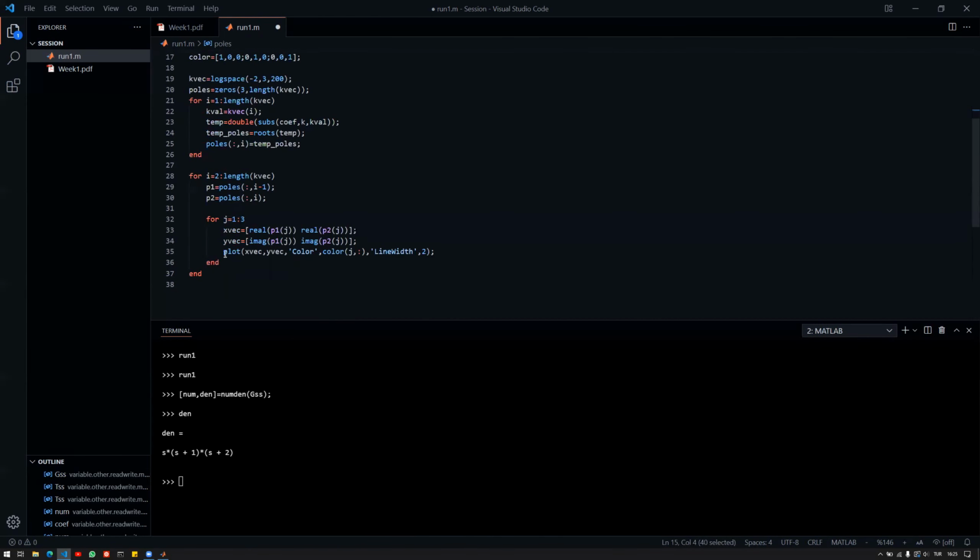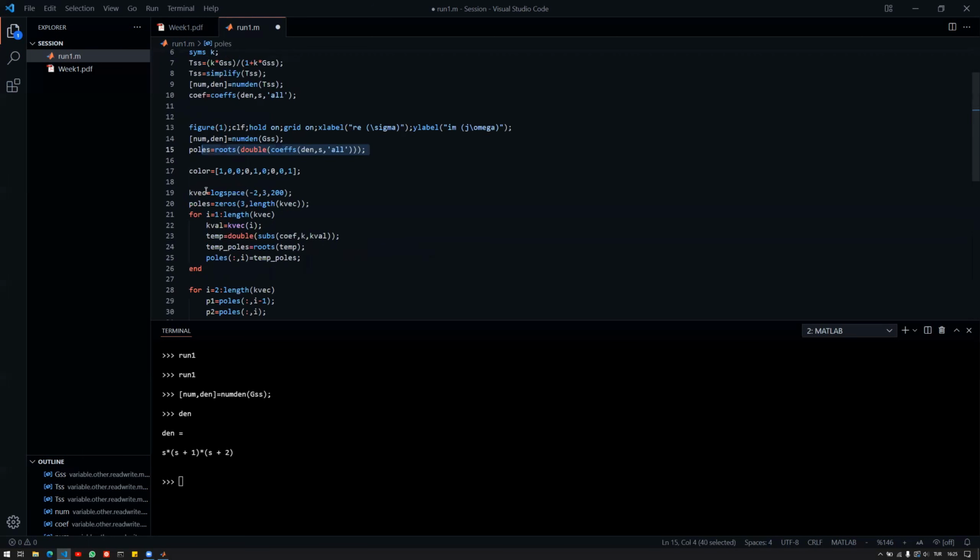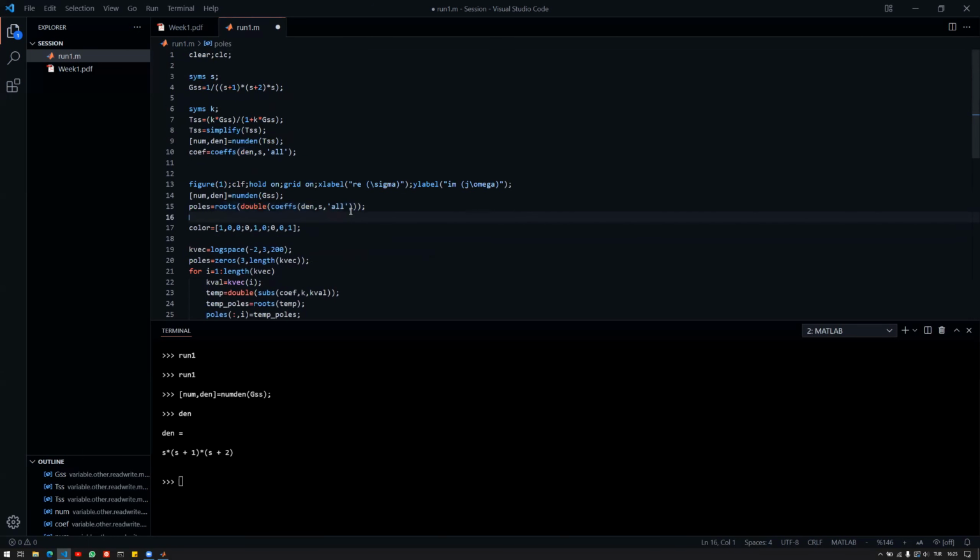And what I really want to do is, let's have for j equals 1 up to 3. Or I don't even have to, because I don't want to really color them. So let's directly call plot, get the real values of the poles and the imaginary values of the poles, and use the color black and place an X, use also a line width of 2.